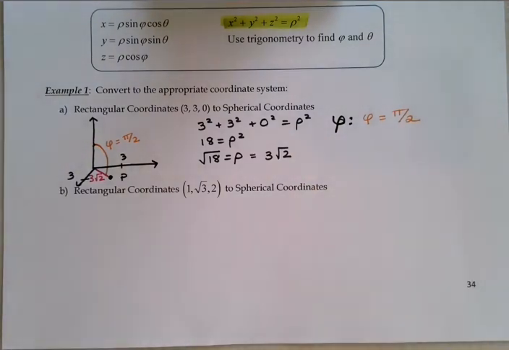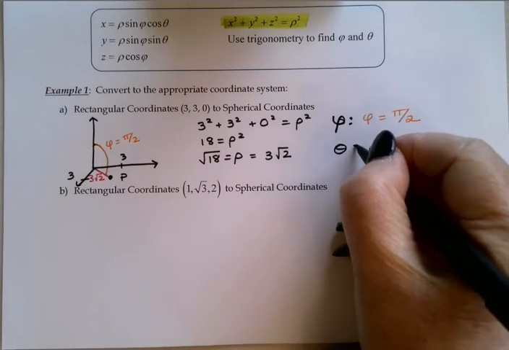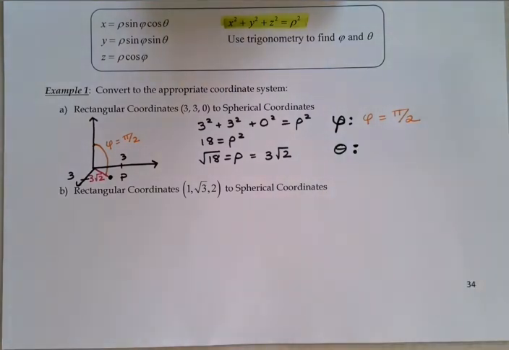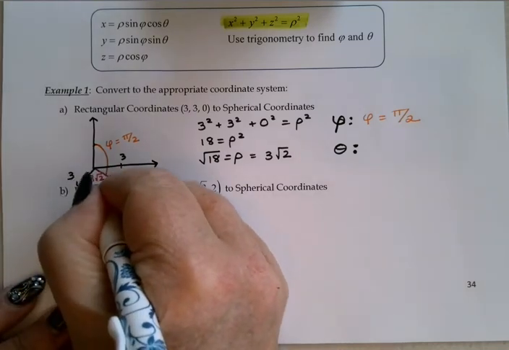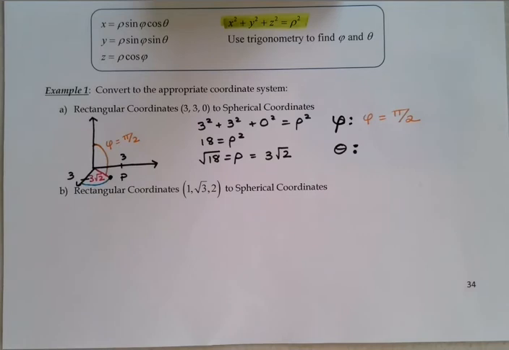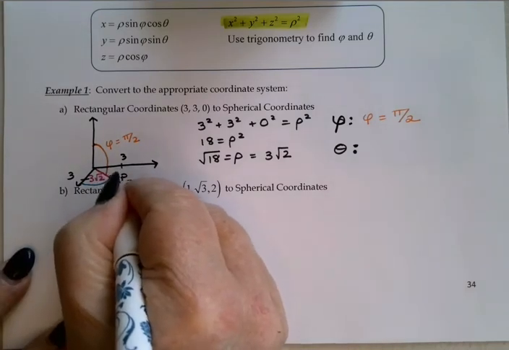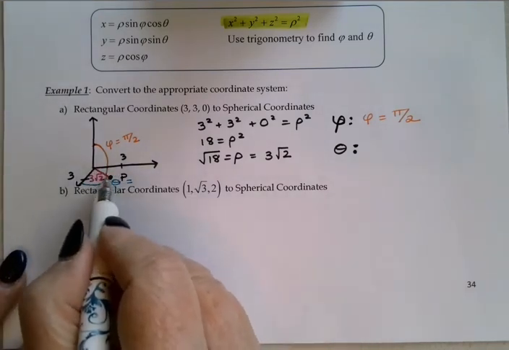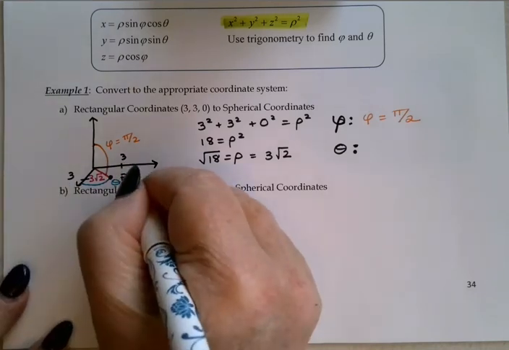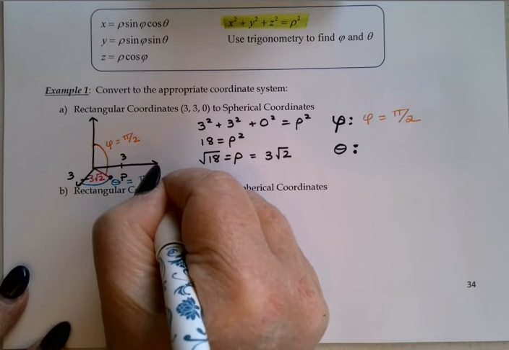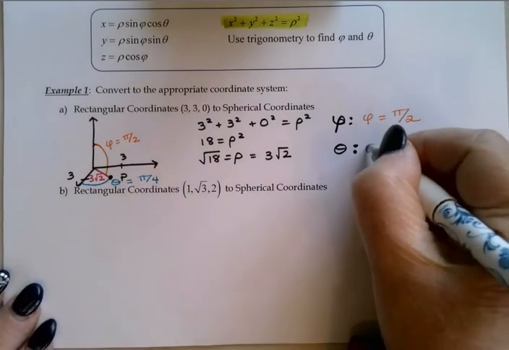Finally, the theta, which I'm once again going to do in this problem just by inspection. Theta is the angle with the positive x-axis. So if I imagine going from the x-axis over to this pink line, since the point was 3, 3, I clearly have a 45-degree angle, or pi fourths.